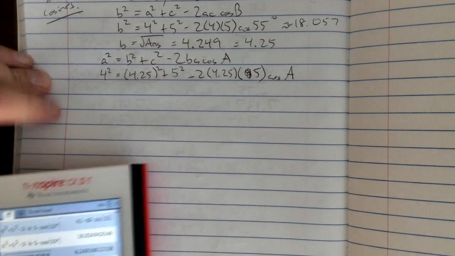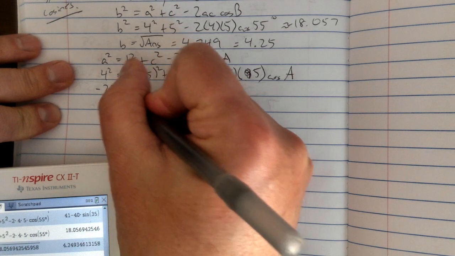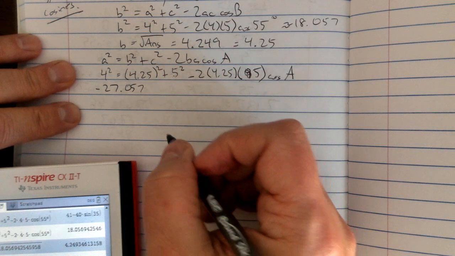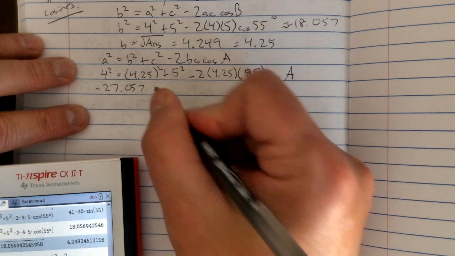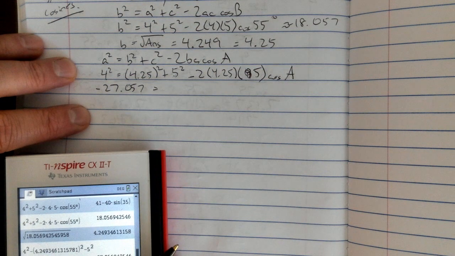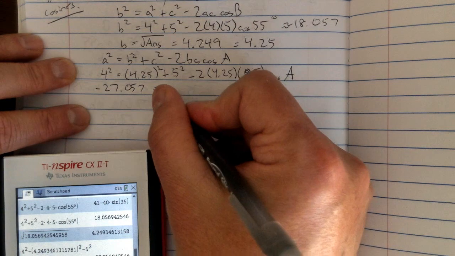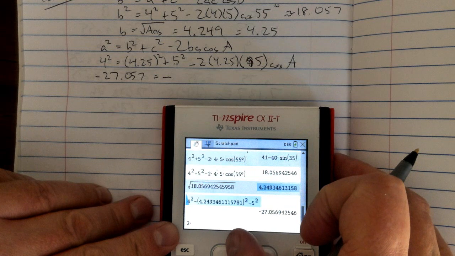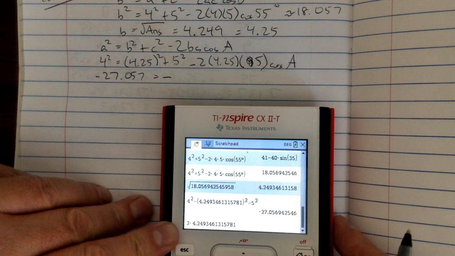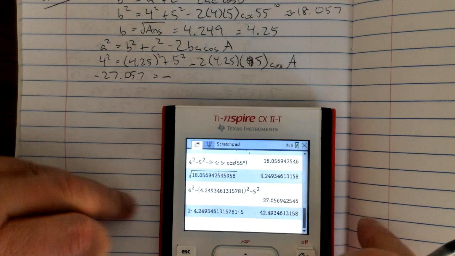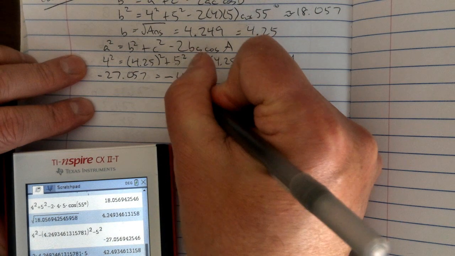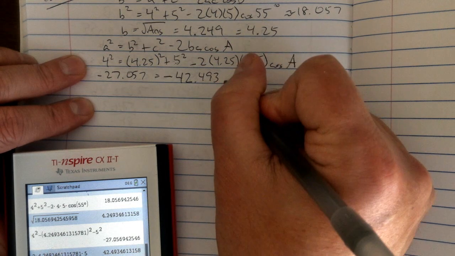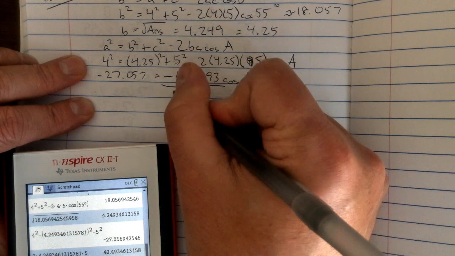That gives you this number, negative 27.057 approximately, equal, and then this is going to end up being a negative, and you have 2 times that number times 5 gives you that number, 42.493 cosine A. So now divide.